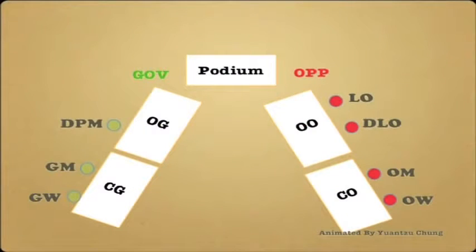The speaking order of a debate is Prime Minister, Leader of the Opposition, Deputy Prime Minister, Deputy Leader of the Opposition, Government Member, Opposition Member, Government Whip, Opposition Whip. The debate ends after the Opposition Whip's speech.